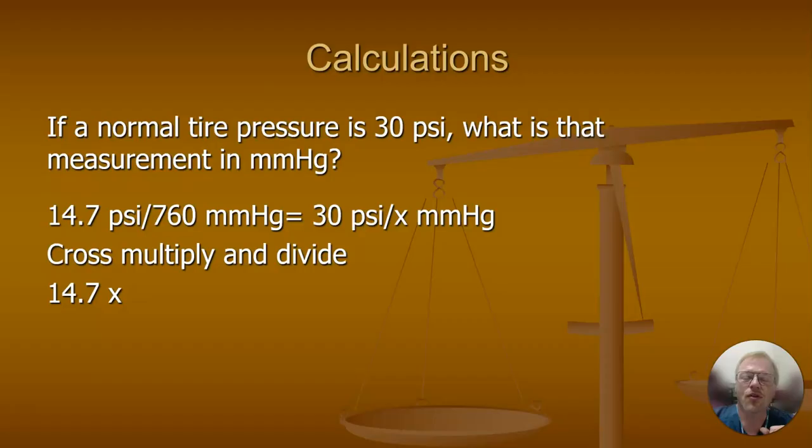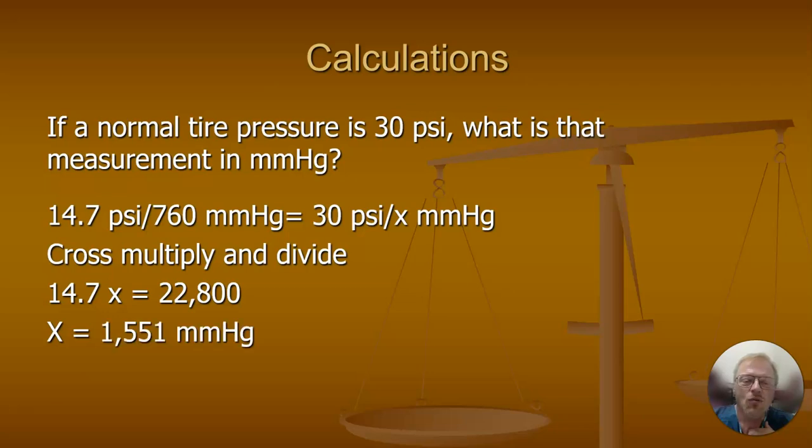I'm going to take the 30 in the top right corner and multiply it by the 760 in the bottom left corner, and that's going to give me 22,800. Then I'm going to divide each side by 14.7 to get x by itself. And x is equal to 1,551 millimeters of mercury.